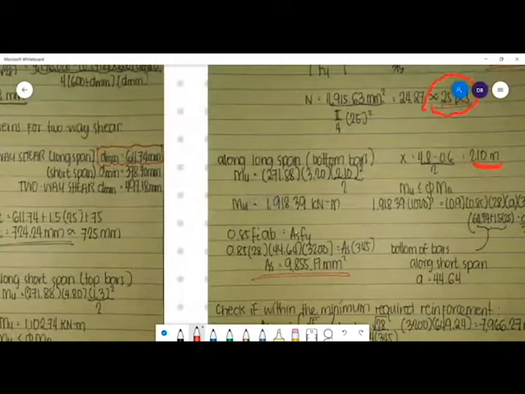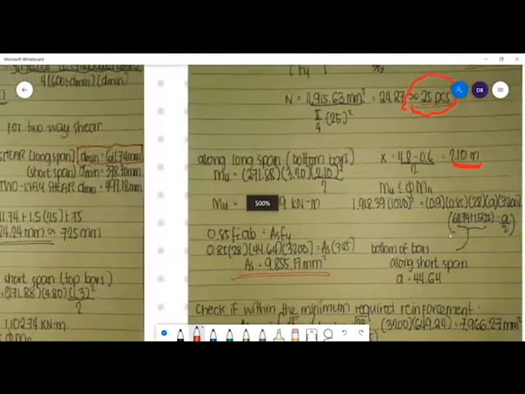So we have a new effective depth: 611.74 plus 1.5 times 25.